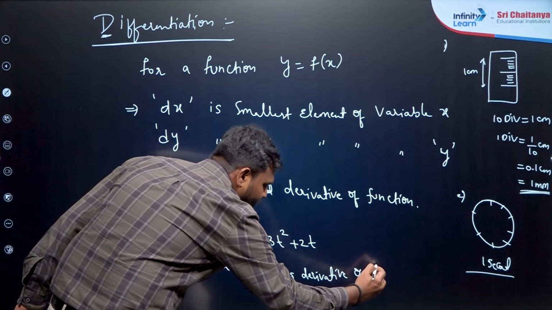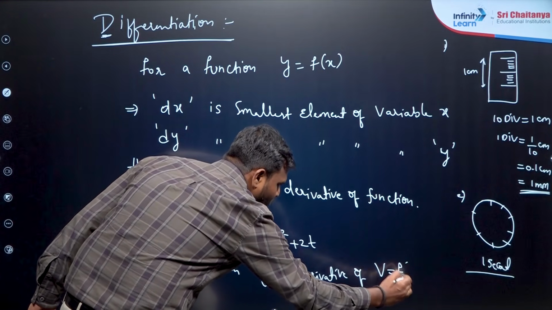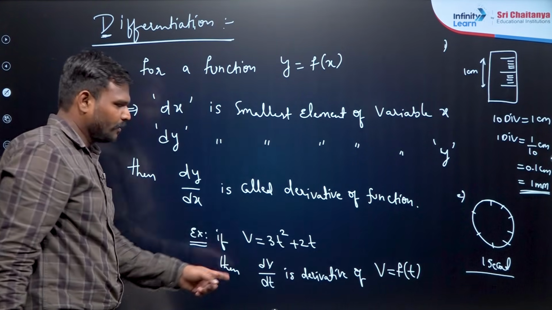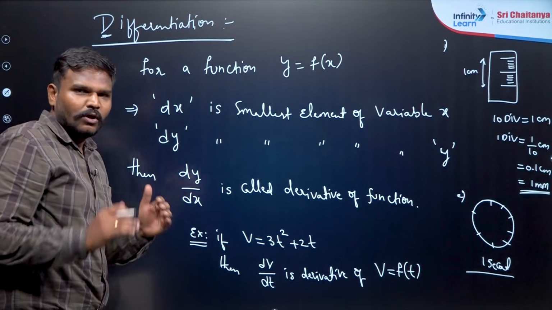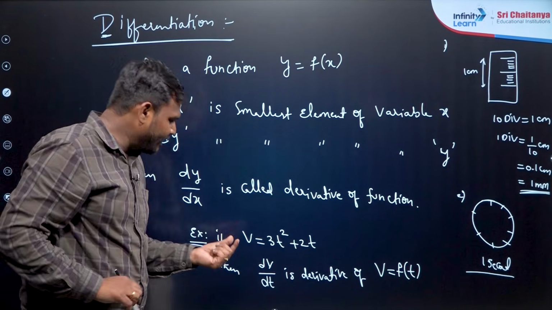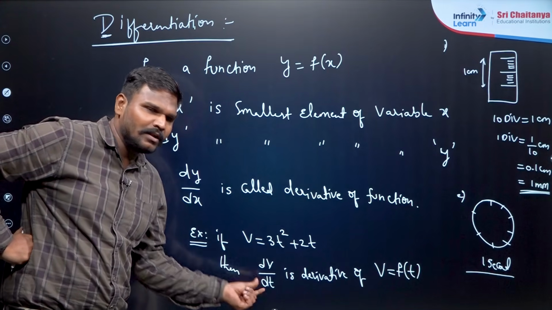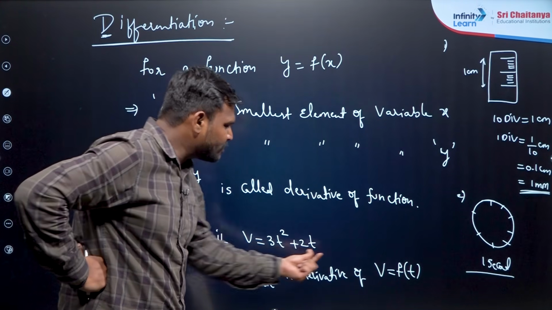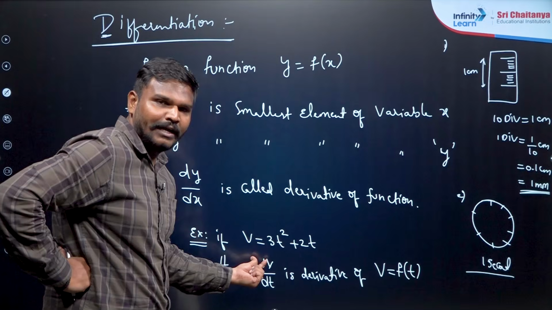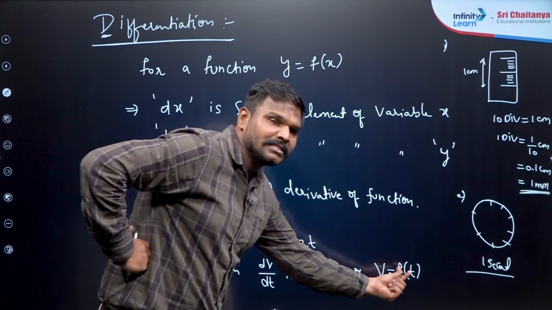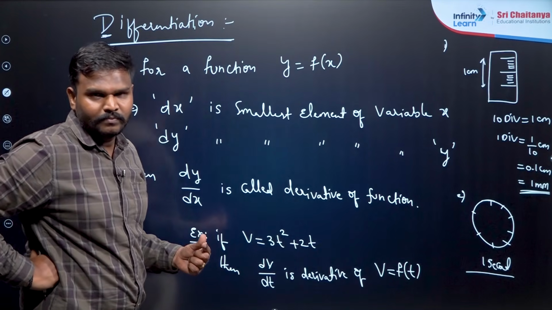Who is this function? V is equal to f of t. You are understanding my point? So on paper, whenever they are writing small change in a variable by small change in another variable, that means LHS is the dependent variable and RHS is the independent variable.